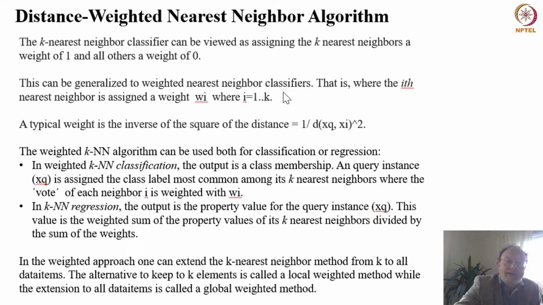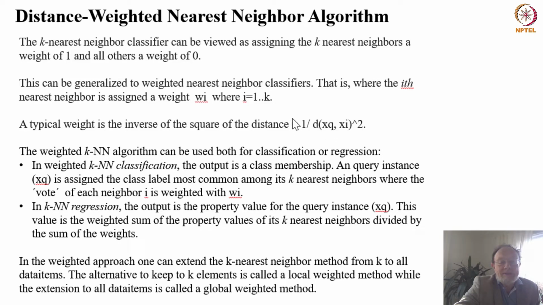Normally one has to define a specific function that computes this weight. One rather common choice for that function is to take the inverse of the square of the distance between the instance to be classified and the training instance in question.